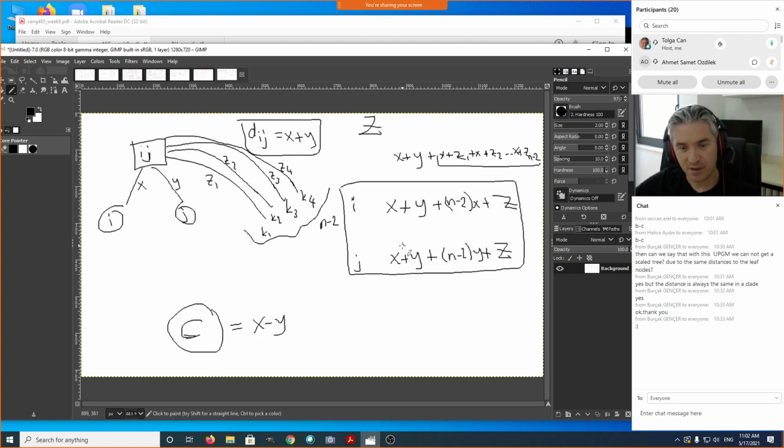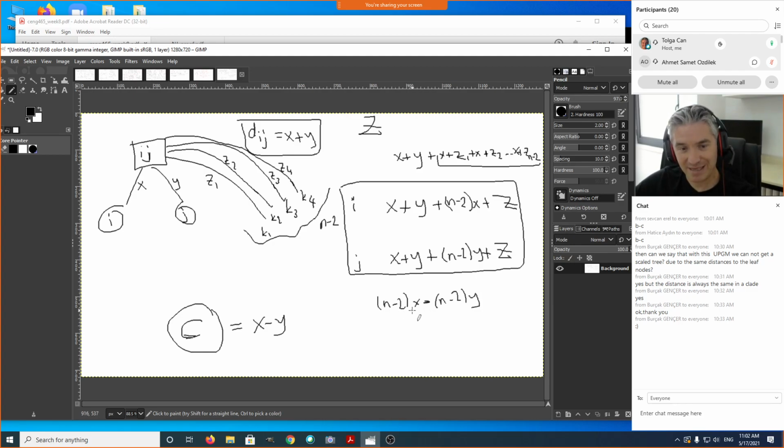If you subtract the second equation from the first one, the x's and y's cancel, and the z's are exactly the same z's, so they cancel out each other. The only remaining thing here is n minus 2 times y.